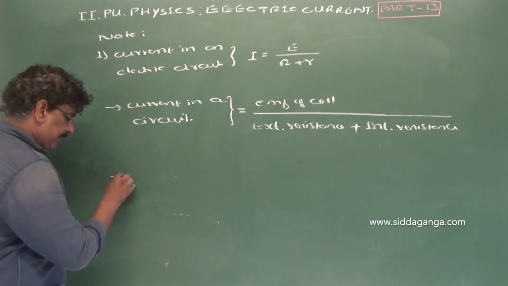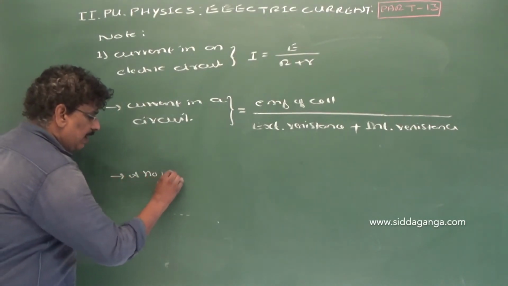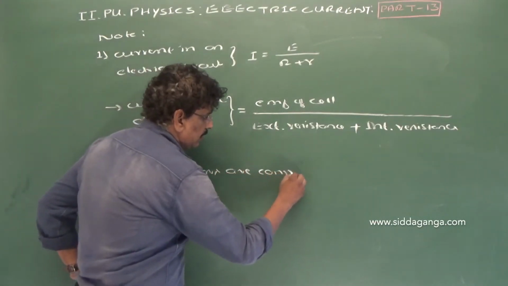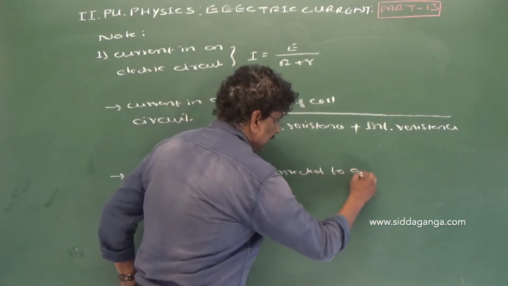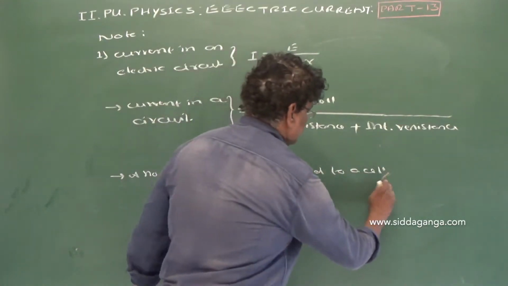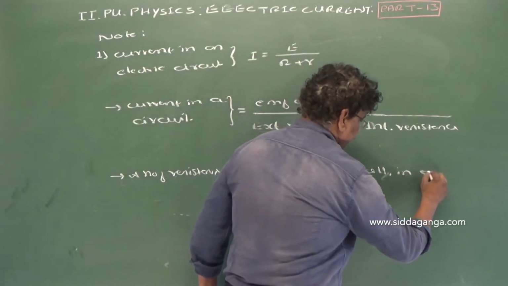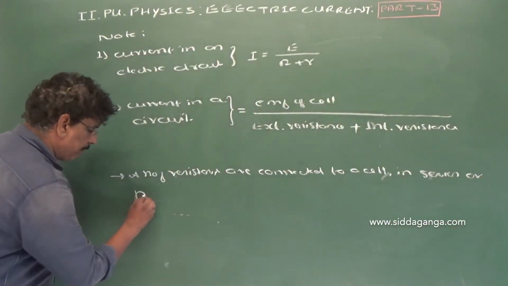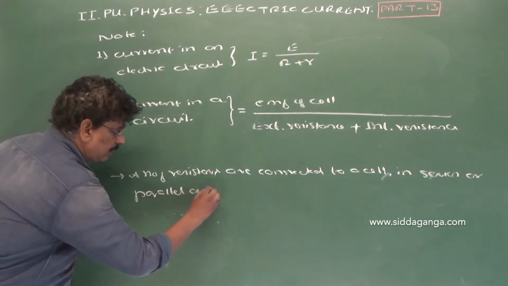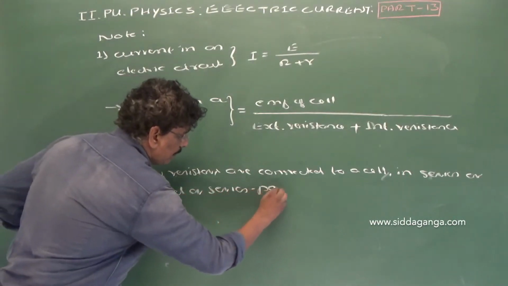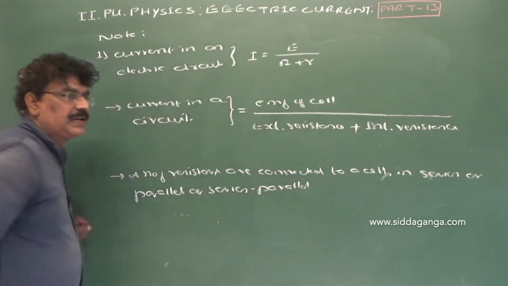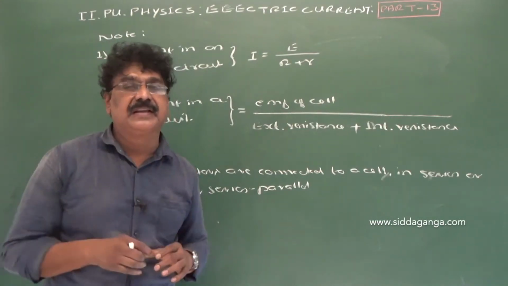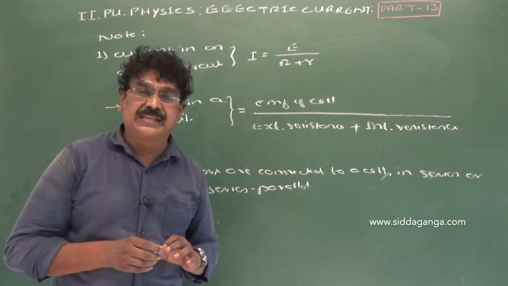Suppose a number of resistors are connected to a cell in series or parallel or series parallel, whatever may be the combination. Then the effective resistance of the combination of resistors is equal to the external resistance.